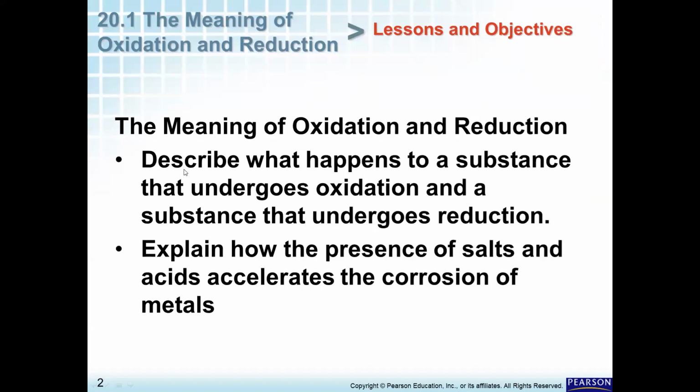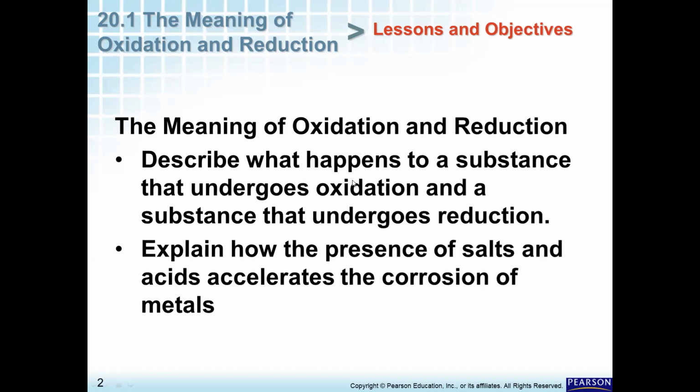So the first objective will be to describe what happens to a substance that undergoes oxidation and the one that undergoes reduction. As I said, from previous knowledge, we know that an increase in the oxygen content or decrease in the hydrogen content is oxidation. But that is only for organic compounds where we have oxygen and hydrogen.